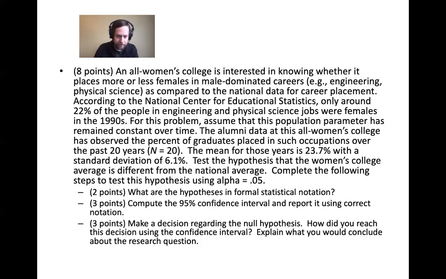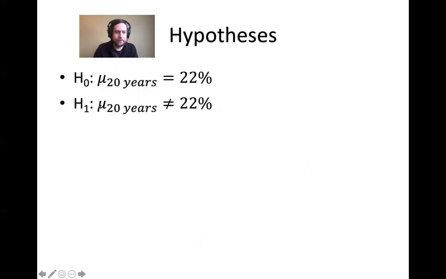So first, let's determine what the hypotheses are in formal statistical notation. Reminding you that the research hypothesis says the women's college average is different. That implies two tails. So here are our null and research hypotheses.